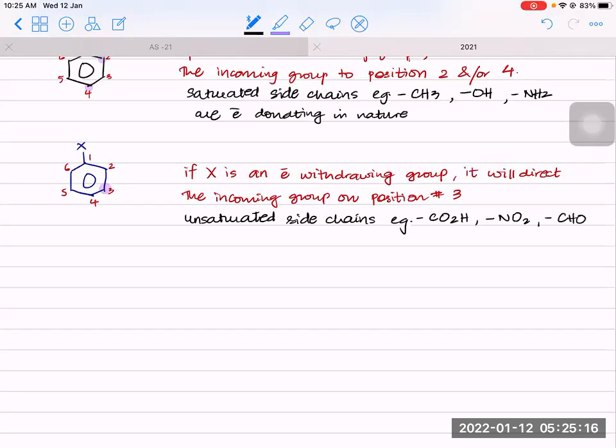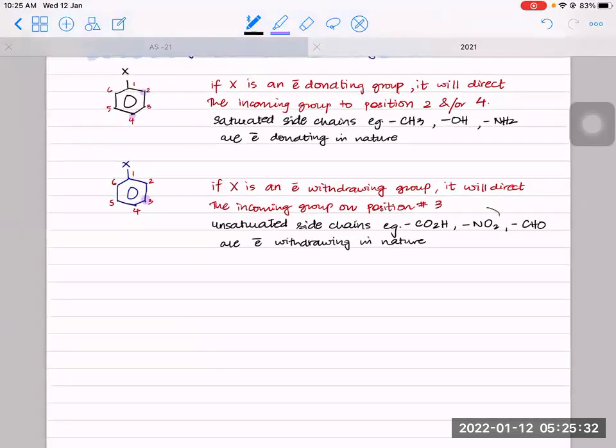These all include double bonds, and these are unsaturated side chains. These are always electron withdrawing in nature. And if you remember, nitro group, like you can see, is electron withdrawing. So the incoming group will go on position number 3.